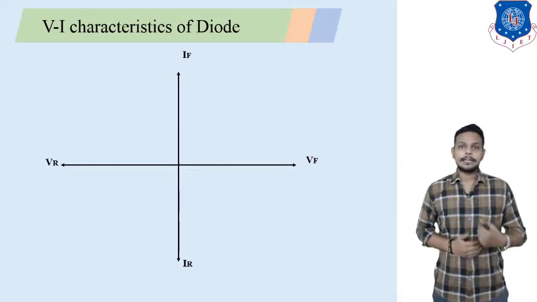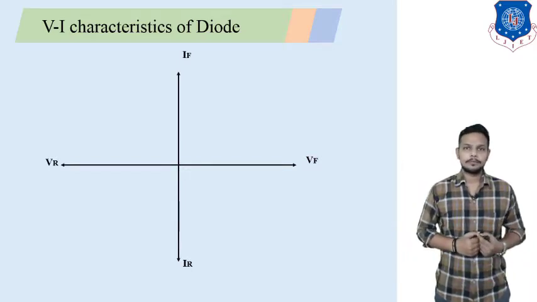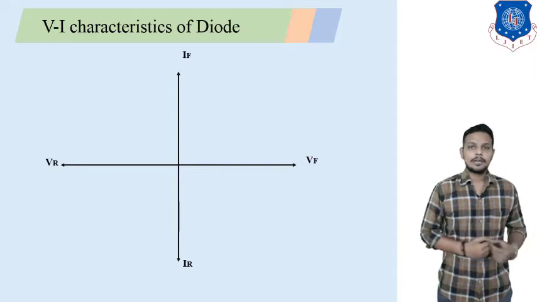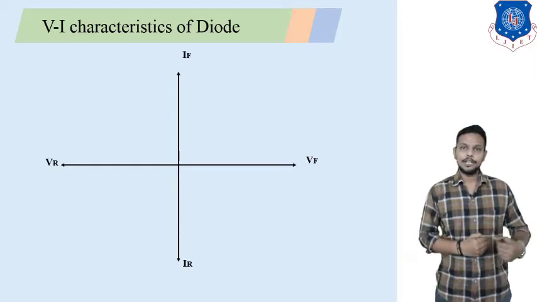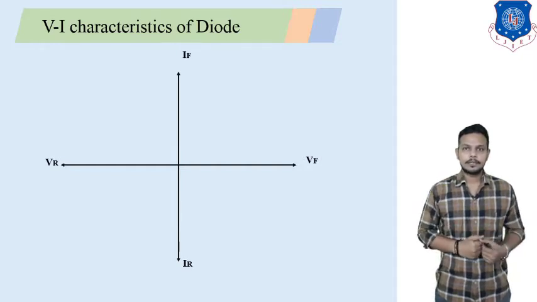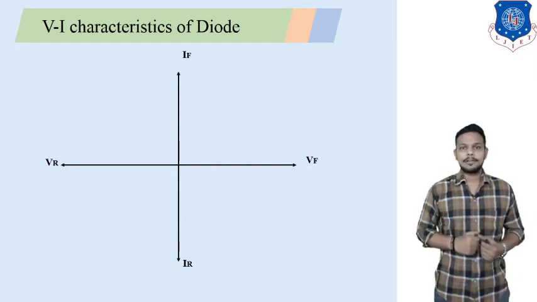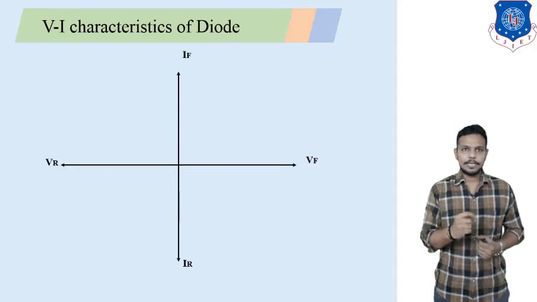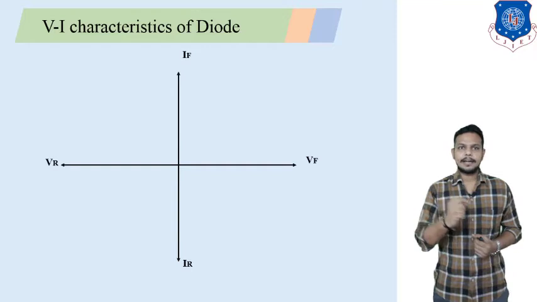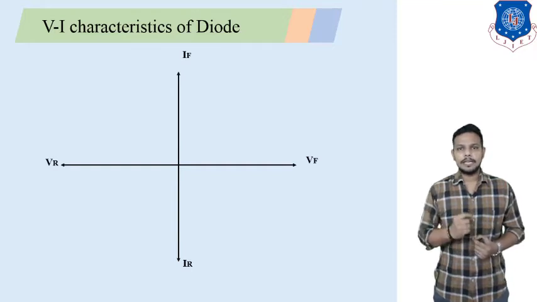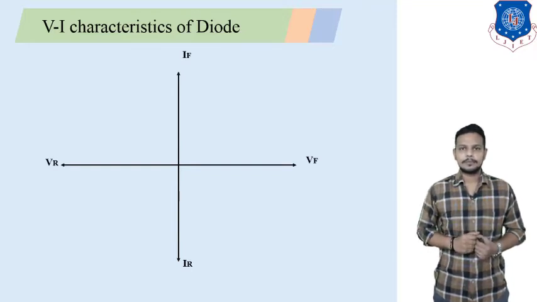When we increase the voltage gradually, the current also increases, but initially the current is minor. Like if we increase the voltage 0, 1, 2, 3, at that time the current will be in milliamperes.